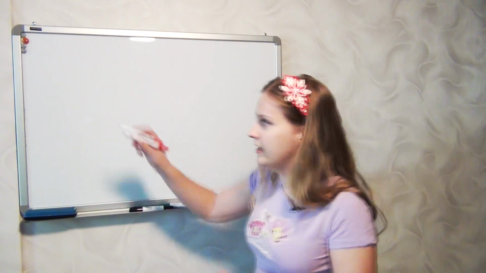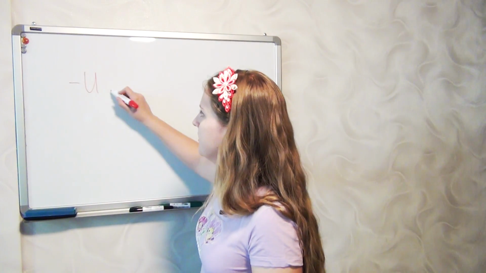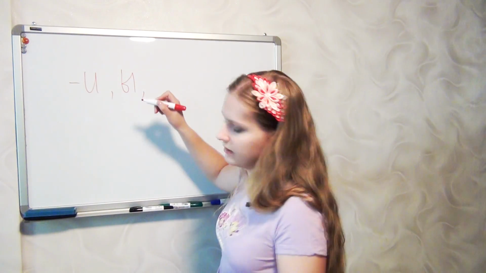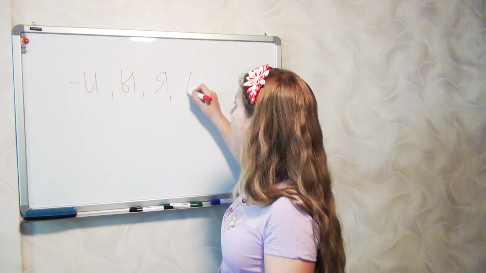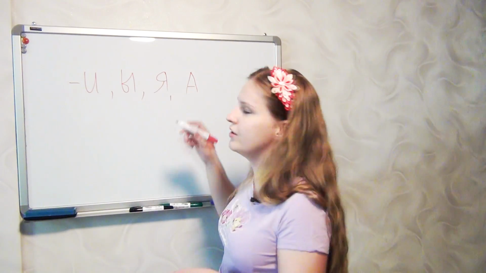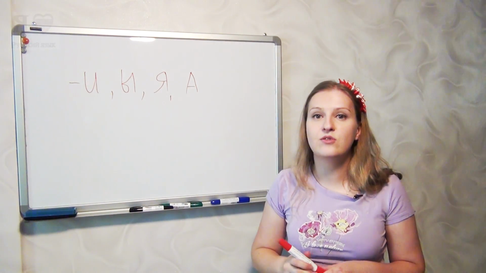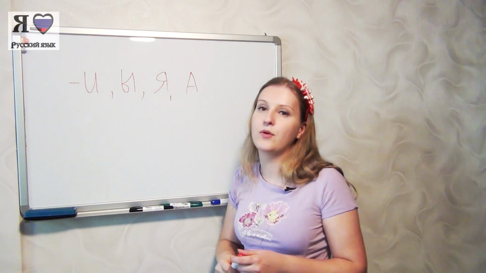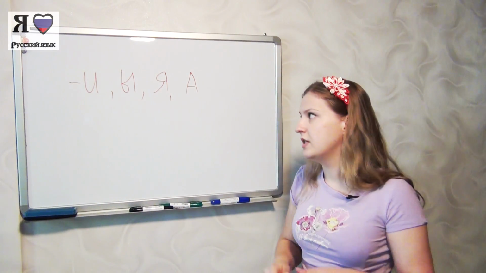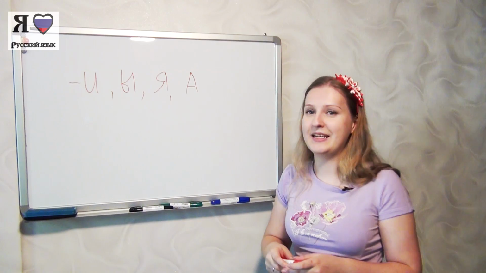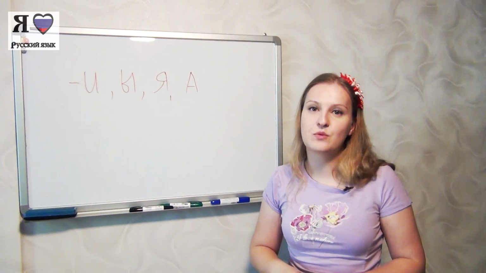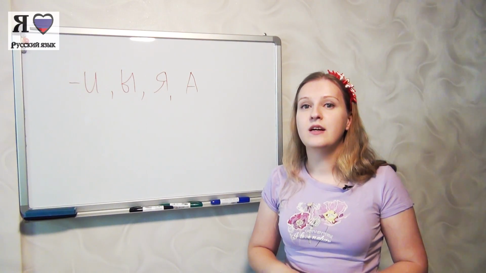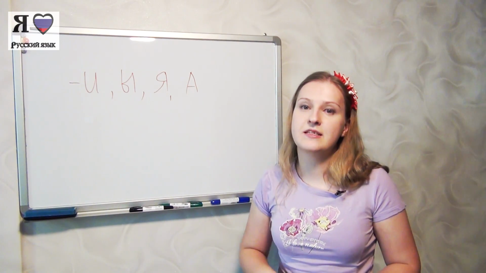For example, и, я, and а. Some words do not need any endings, they do not change their forms. For example, the word пальто, coat, but we are going to talk about that not in this class. We have already talked about plural numbers, so you can take a look at my other class.